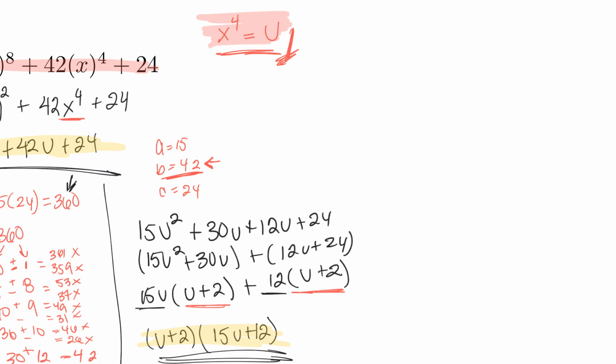So let's solve this polynomial, and the final polynomial will be x to the 4 plus 2 times 15 x to the 4 plus 12. And this is the final answer.